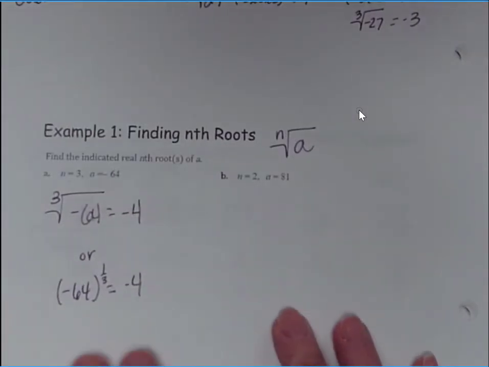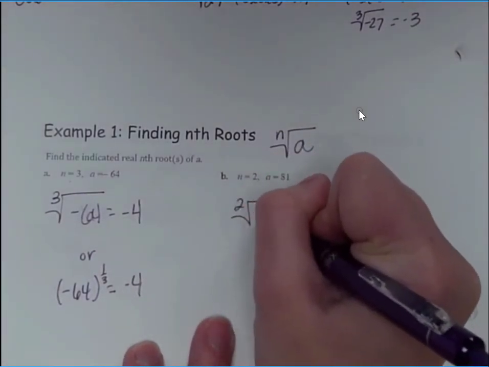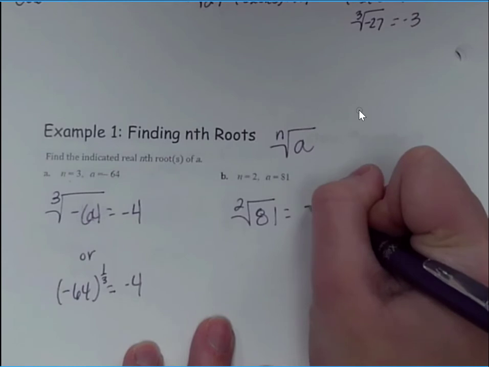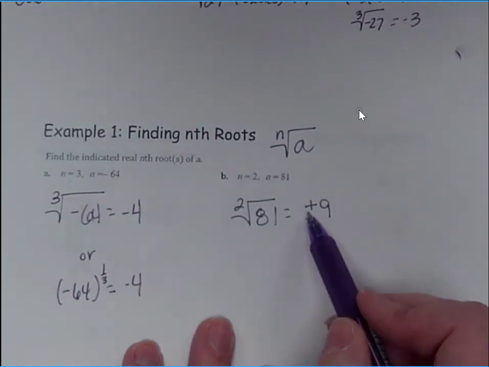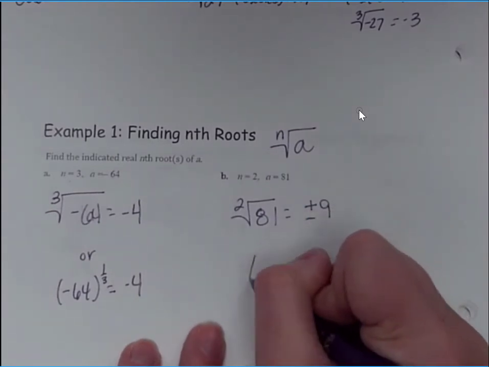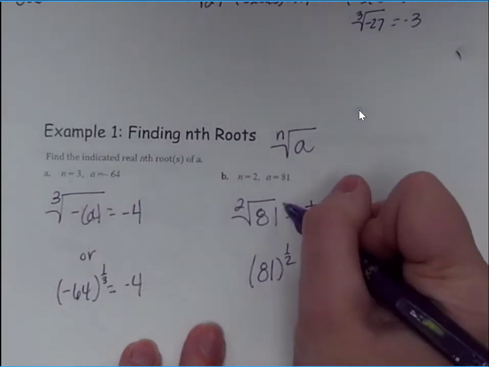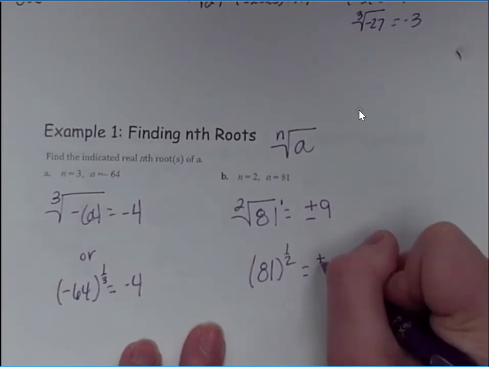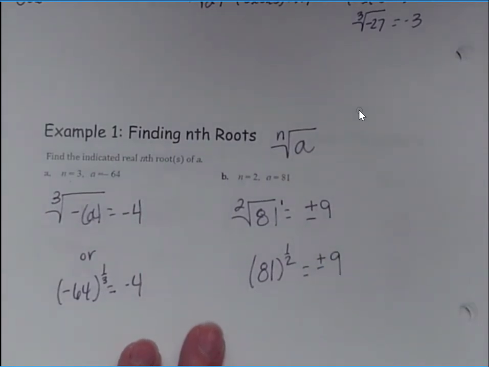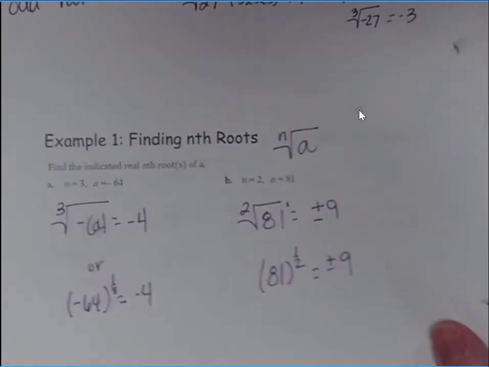Now if I take a look here, I've got the square root of 81, which is plus or minus 9. Remember, 9 times 9 is 81, but so is negative 9 times negative 9. I could also do 81 to the half. Think about it, it's almost kind of like there's a 1 right there. So again, plus or minus 9. So I can rewrite those using exponents.